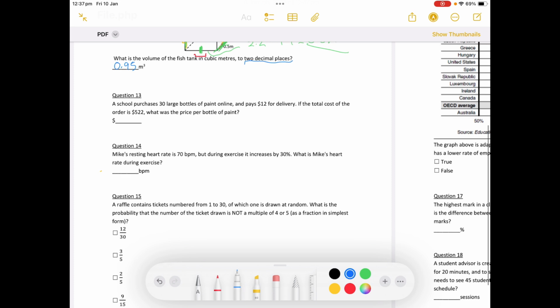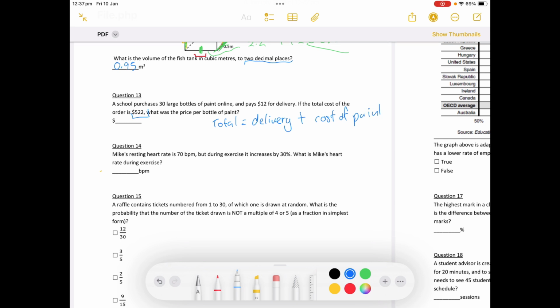Question 13. A school purchased 30 large bottles of paint online and pays $12 for delivery. If the total cost of the order is $522, what was the price per bottle of paint? So we have this as the total. The total price is equal to delivery plus cost of paint.